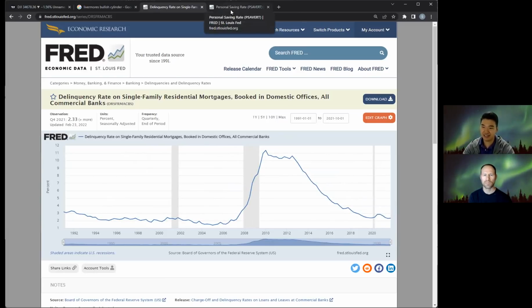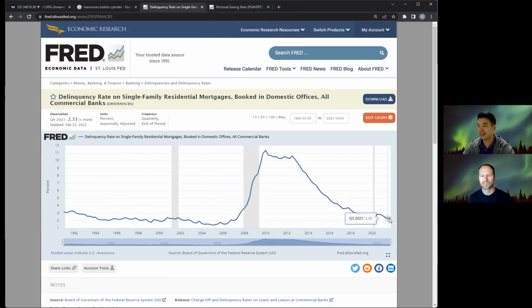So maybe 6 months, 12 months, maybe I'll see the delinquency rate flatten out a little bit, and maybe see it start coming up, but it still gives you plenty of warning. So this is 2006, that's 2008, it still gives you like 1.5 years, 2 years warning.